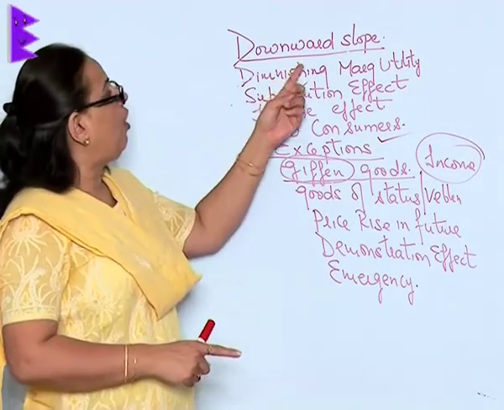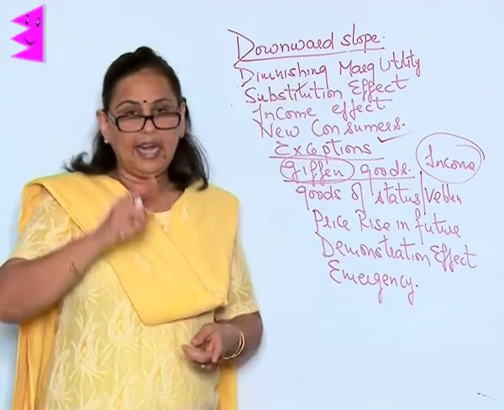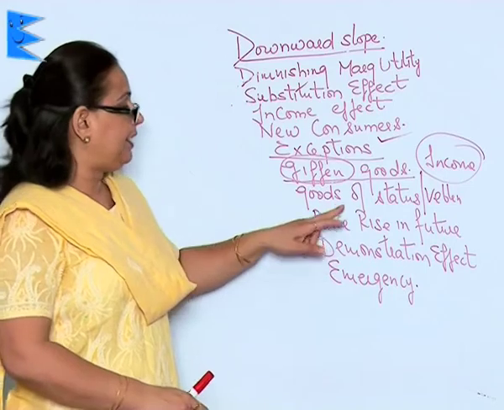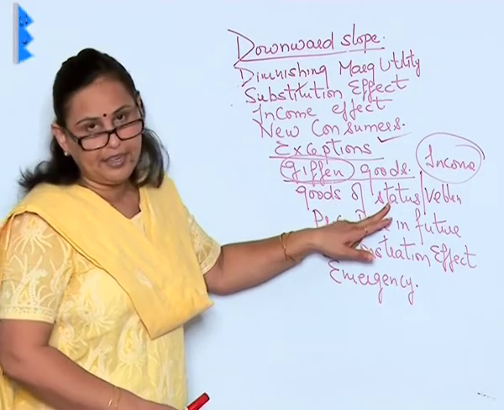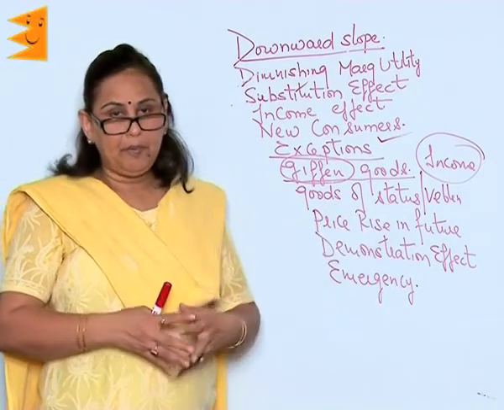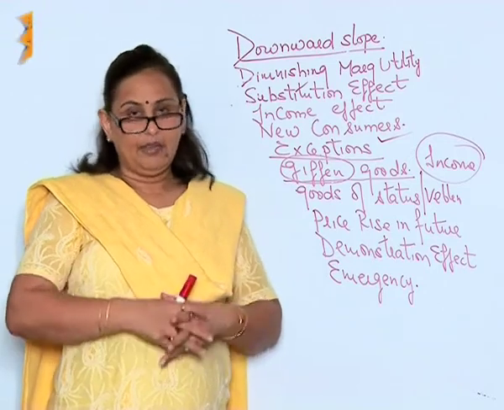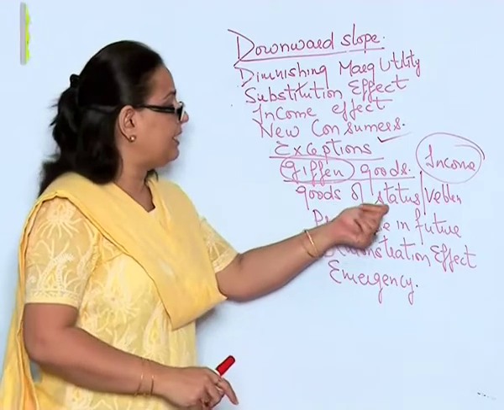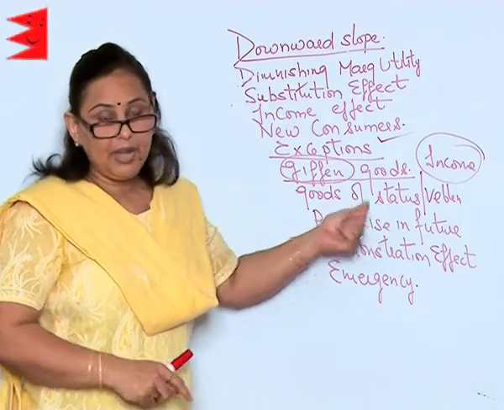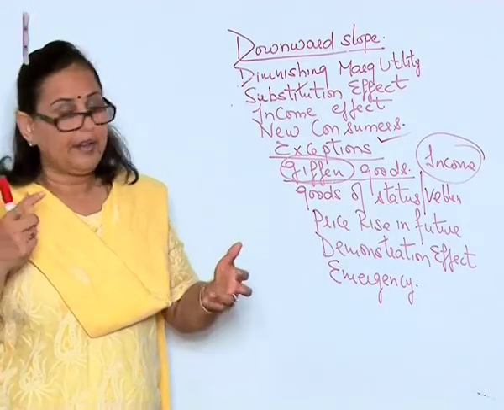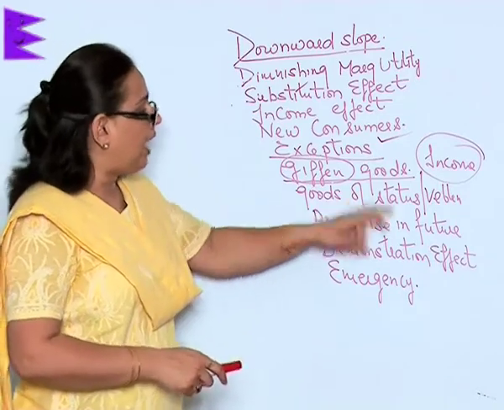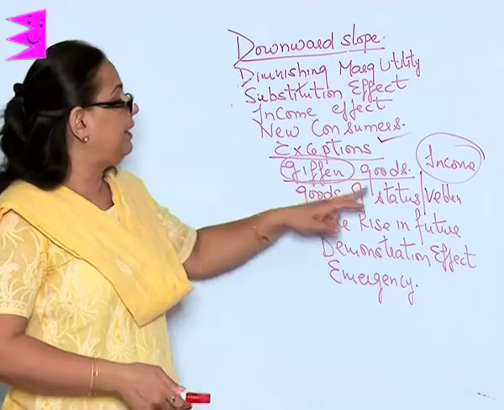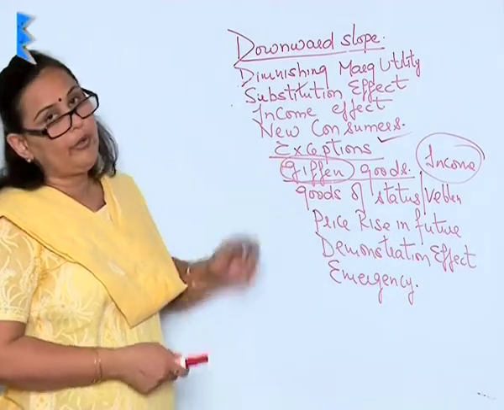Whereas the law of demand says that if the price increases, the demand should come down, it doesn't happen with goods of status. For example, diamonds. Okay? If the price is rising, then too, because it is a status symbol, or the price of a luxury car, the people are still going to buy, or rather are going to buy more. That is the exception to the law of demand.